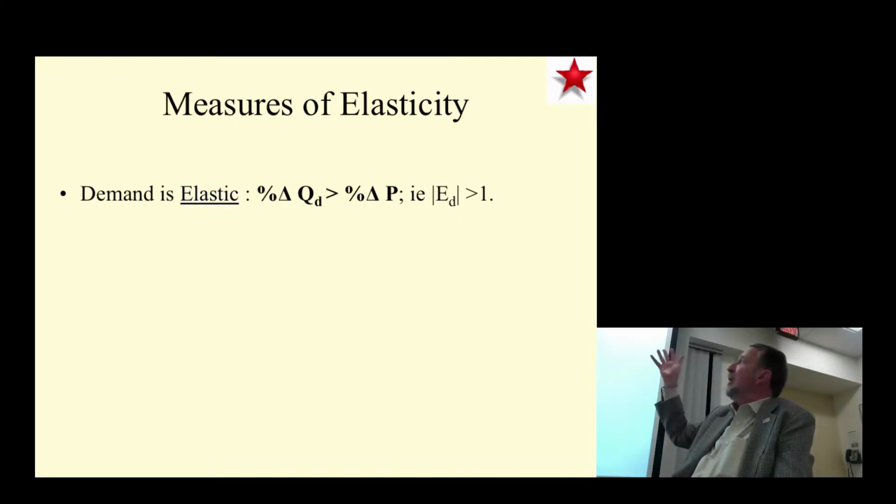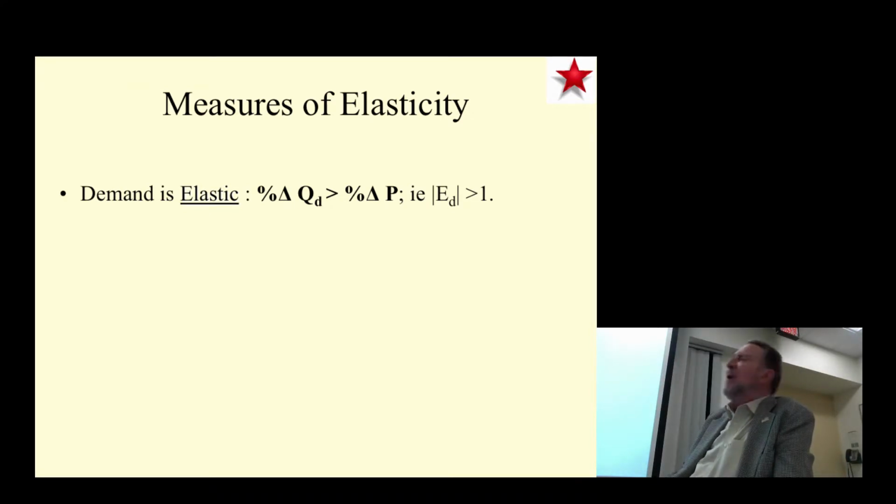If the numerator is 20% and the denominator is 10%, then the number would be negative 2. If the numerator is 50% and the denominator is 10%, it would be negative 5. As long as the numerator is bigger than the denominator, we get a number bigger than 1, and we call that elastic. We say demand is elastic, meaning they respond a lot.